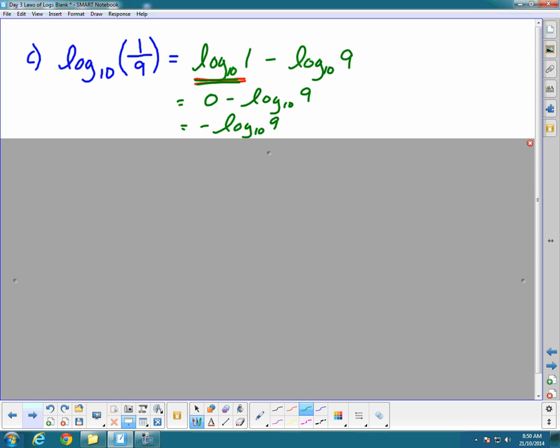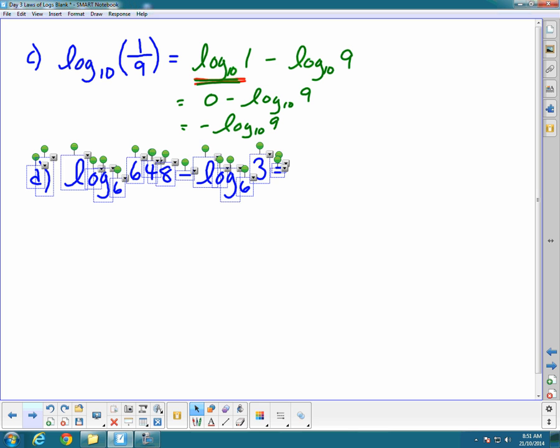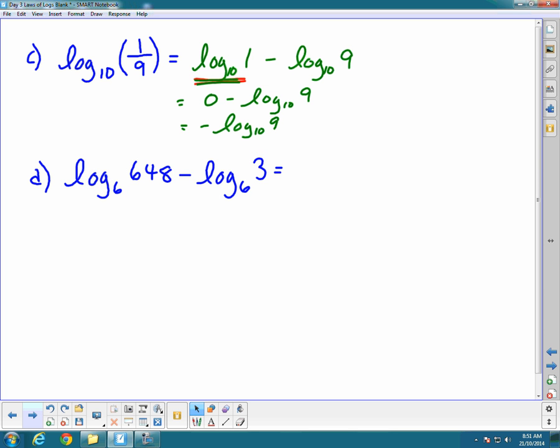Again, it gets interesting when we go the opposite direction. So for this one, again, you should notice that both of these logs have the same base. Their base is 6, and I'm subtracting them.